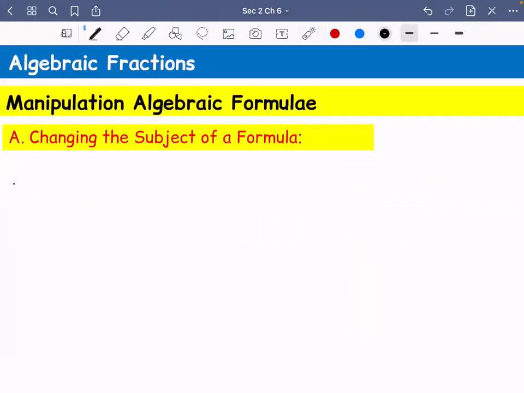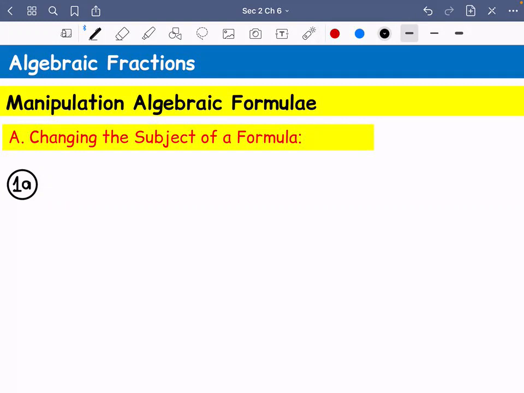So we got 1A. Class, you need to make the letter in the brackets the subject of the formula. Number 1 is ax plus by equals k, and you need to make y the subject of the formula.